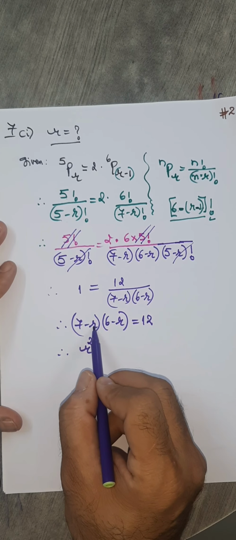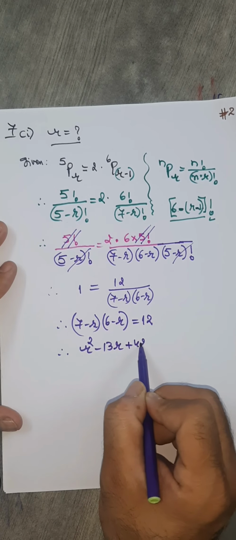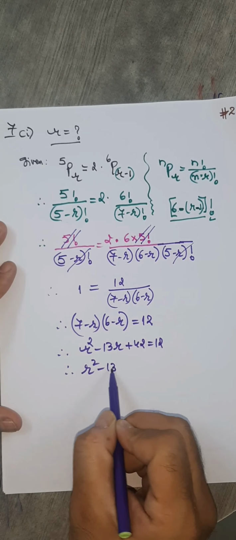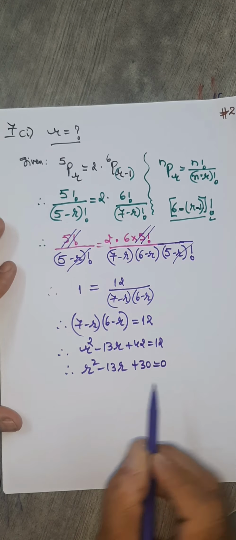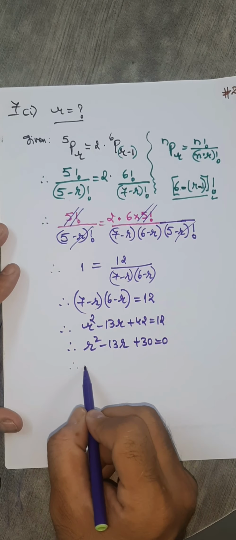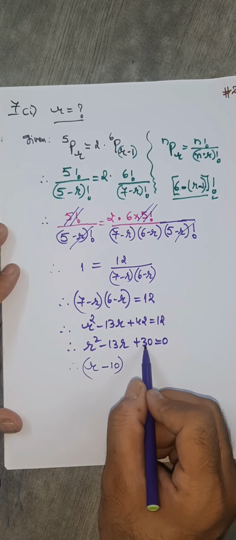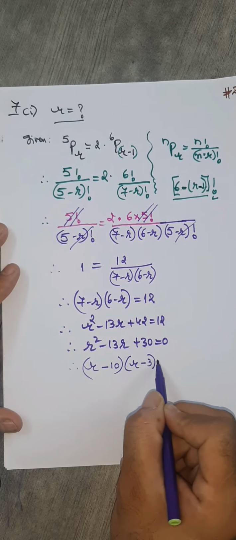Then here minus 13r plus 42 equals 12. So r square minus 13r plus 30 equals 0. So obviously here the factors are r minus 10, 10 3s are 30, and r minus 3.